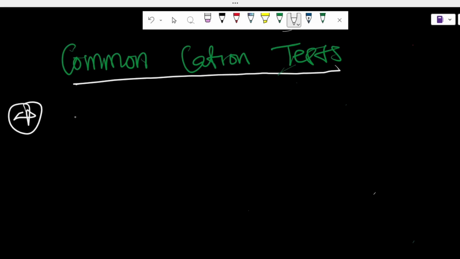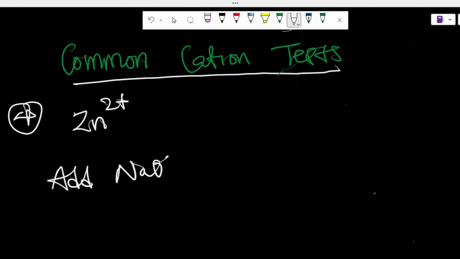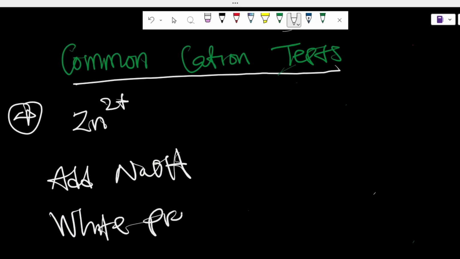Now, the next cation is zinc. So again, you add sodium hydroxide. What are you going to get? Well, in this case, you are going to get a white precipitate. Now, why is that?